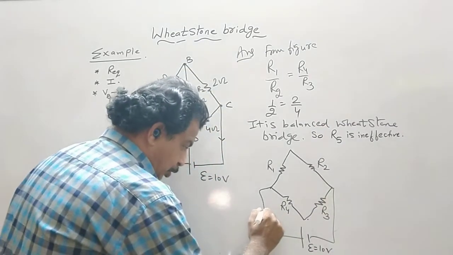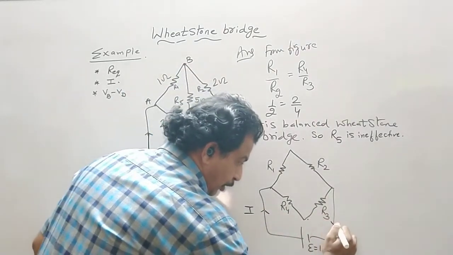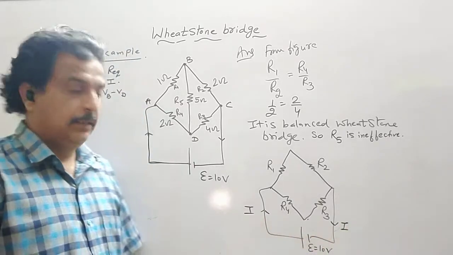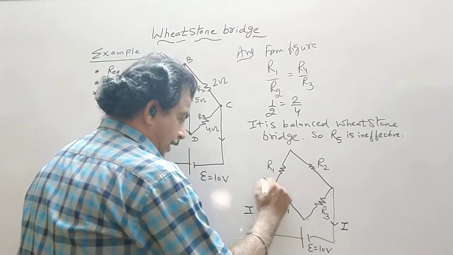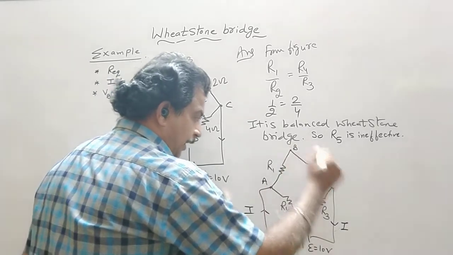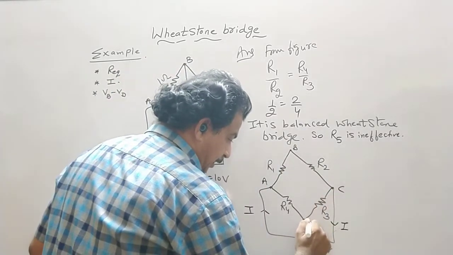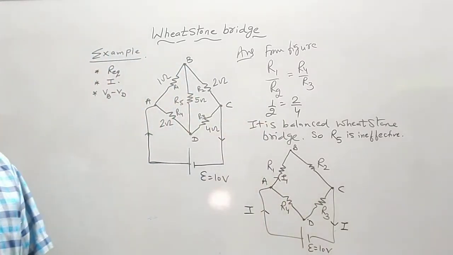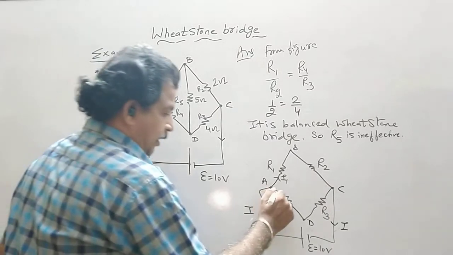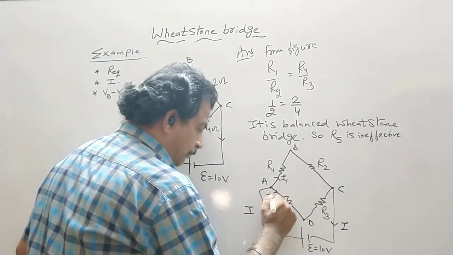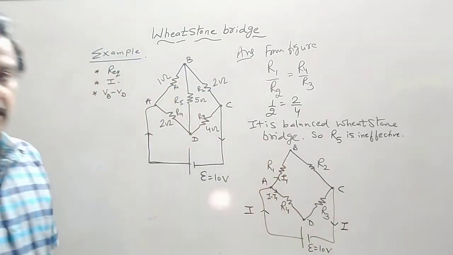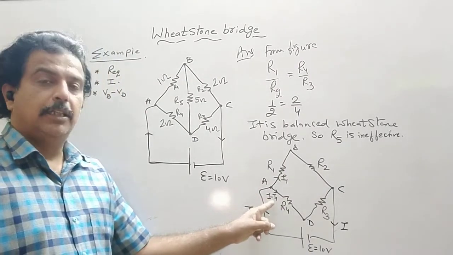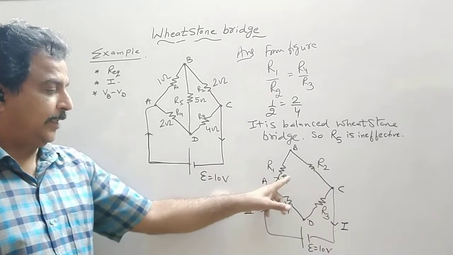Now start the current distribution. Let the current drawn from the battery be I, and we know that I should come back. Coming at a junction A, the current is divided into two parts. So let this current be I1. So the other becomes I minus I1. Instead of taking a new variable, I will take only one variable, that is I1.